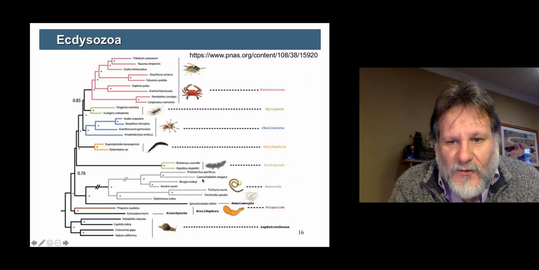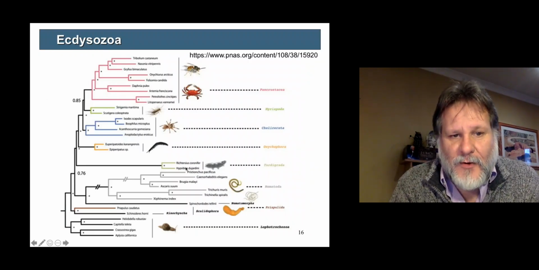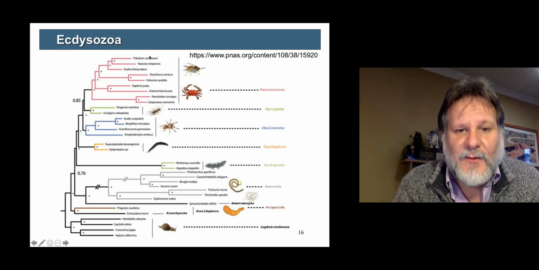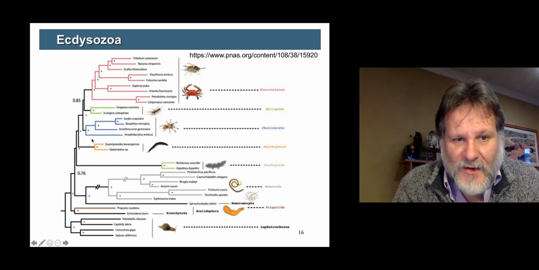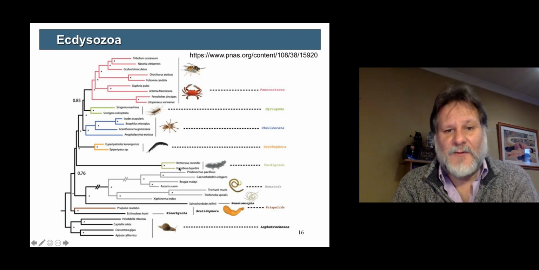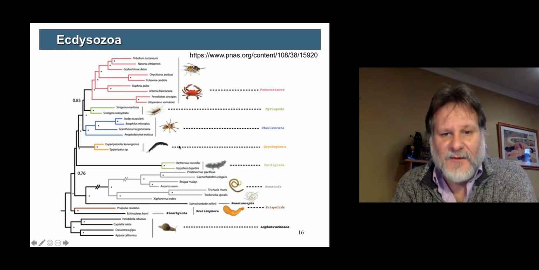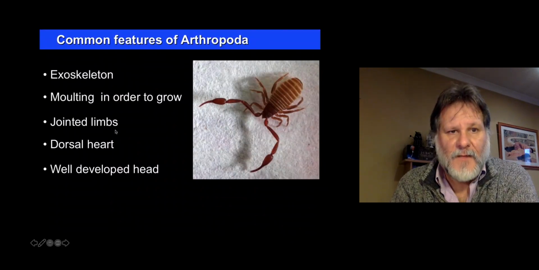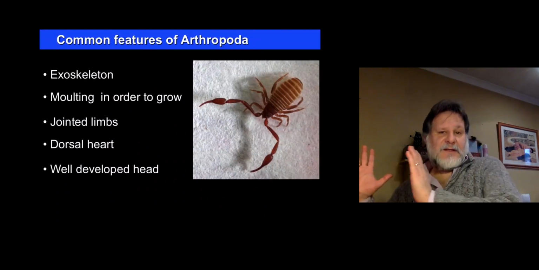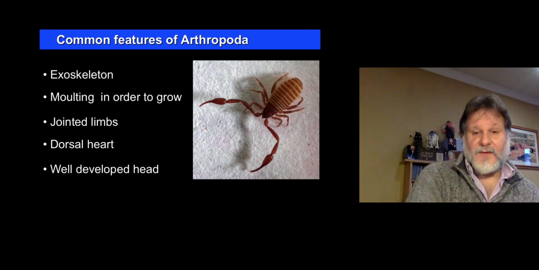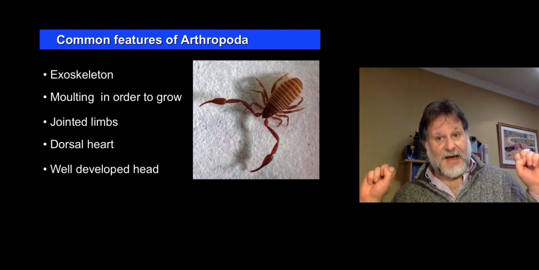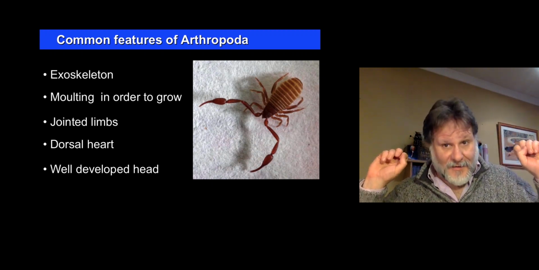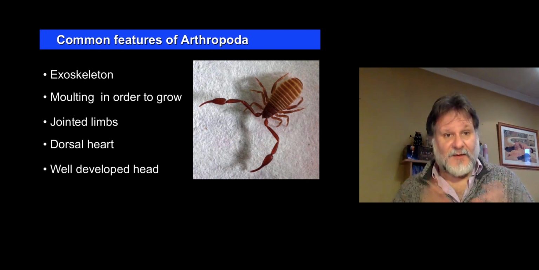Right, so water bears, tardigrades, are possibly the sister group to the onychophorans and the euarthropods, or possibly it's the other way round, with onychophorans the sister group to water bears plus euarthropods. So we're moving now into the euarthropods, things with jointed limbs and a sclerotized cuticle.